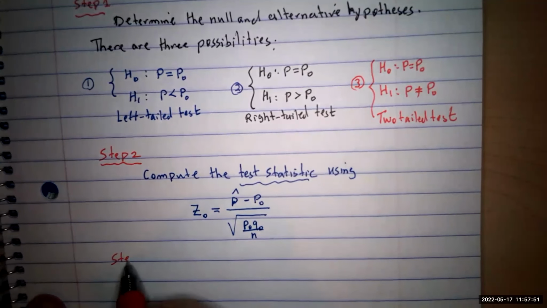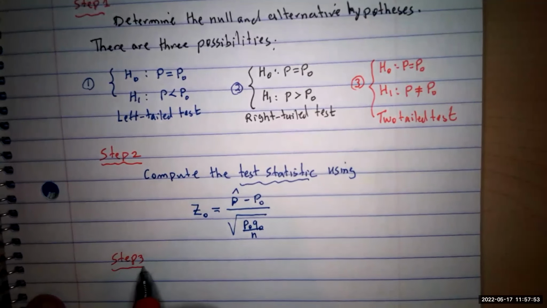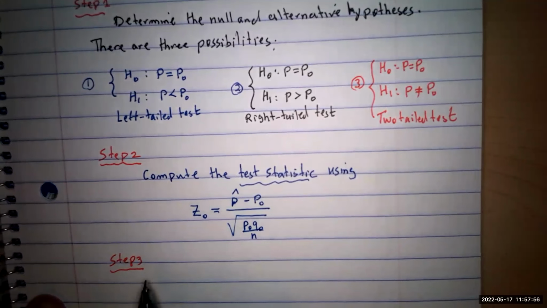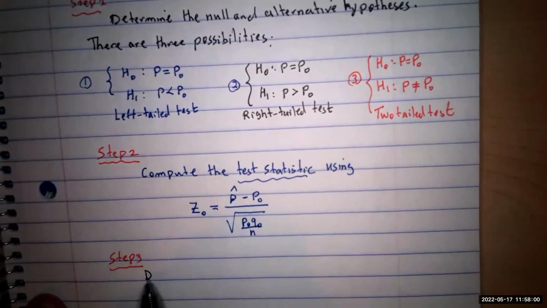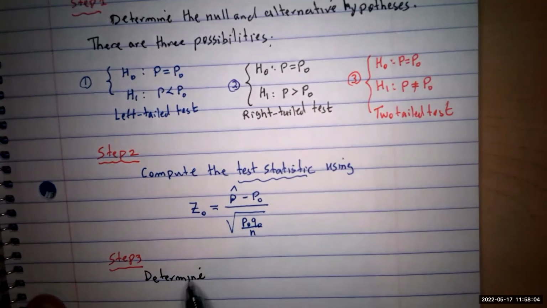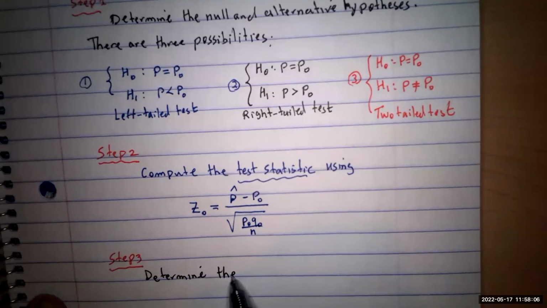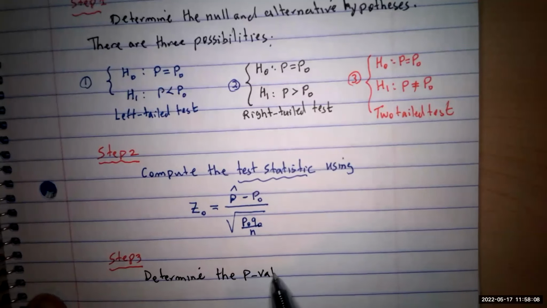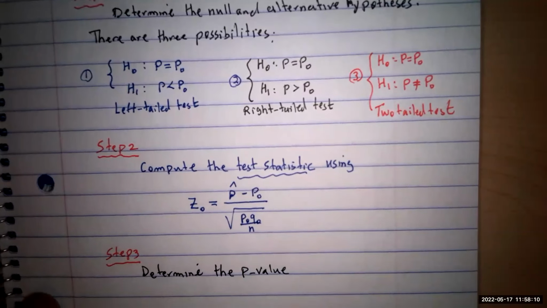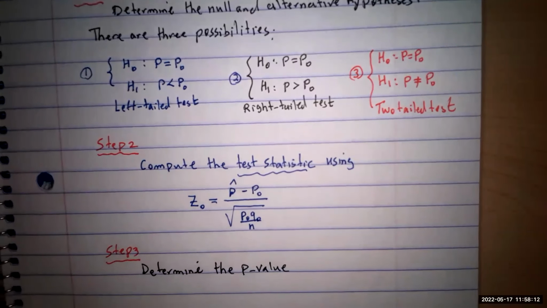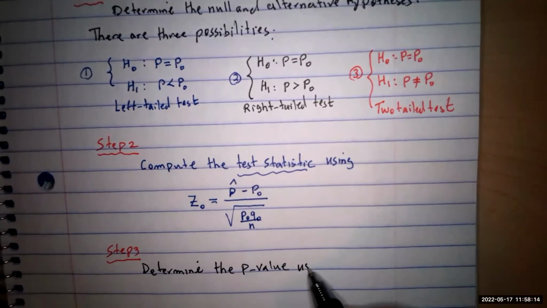And step three is your p-value. You are going to determine the p-value. Again, since it's Z, you are going to use the Z curve.